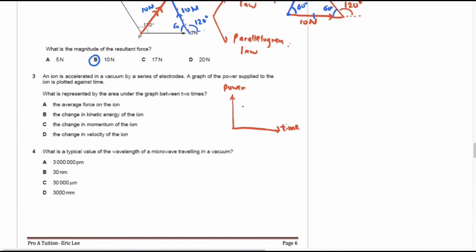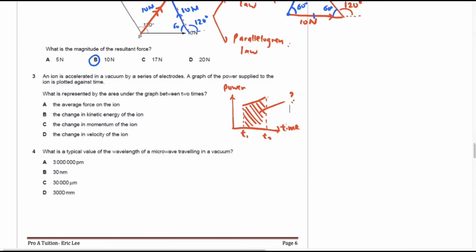They just say what is represented by the area under the graph between two times. So let's say you have one time here, another time here. Between this one, T1, and another time, T2, let's say this is the area under the graph. So what is represented by this? They're asking something like this.